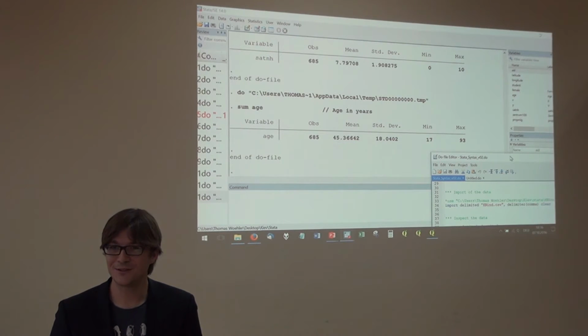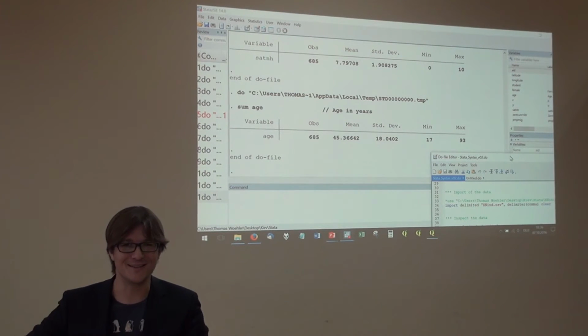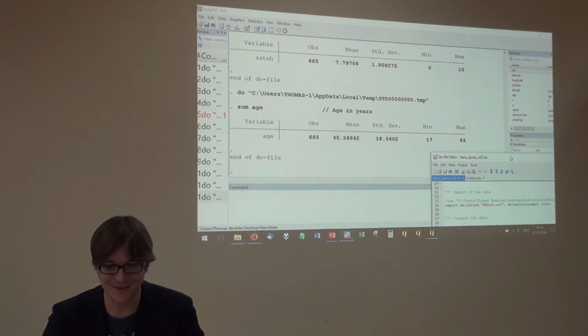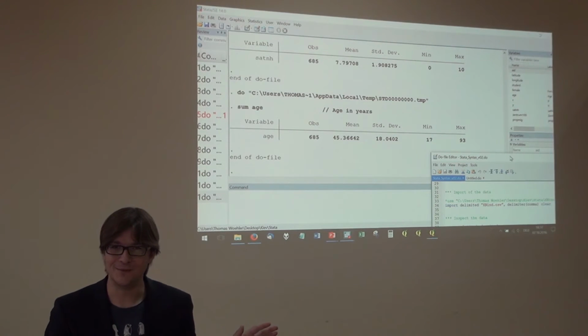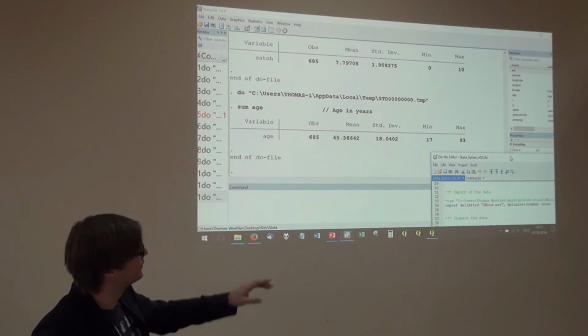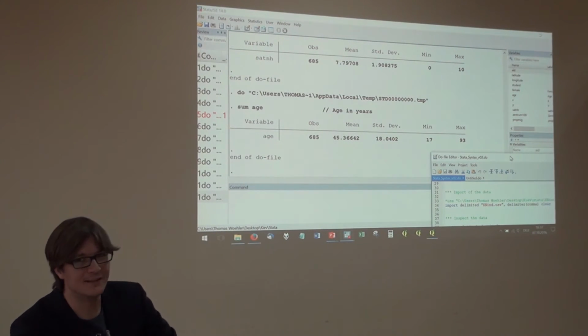Despite the fact that in Konstanz there are a lot of students, there are also a lot of people coming to Konstanz for retirement because it's nice at the lake, and so rich people come to retire, and this offsets the effect of the students a bit. Of course we have no respondents under the age of 17, so the real number would be a bit lower, maybe 40 years old, but still it's quite high, I think. So we have respondents from 17 years old to 93 years old.